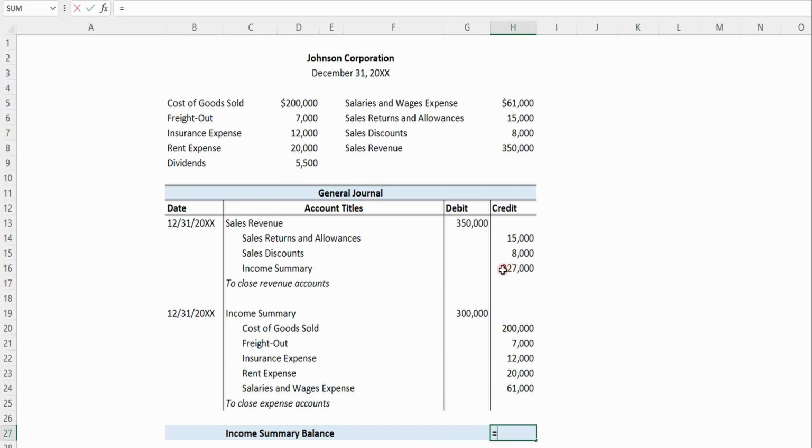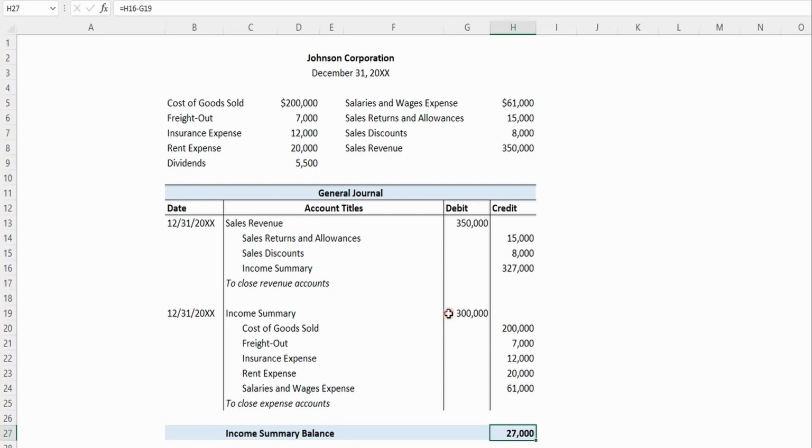Therefore, the closing balance in the income summary account after these two entries will be $27,000. Since the credits to income summary are more than the debits, it will have a credit ending balance. A credit balance represents net income.